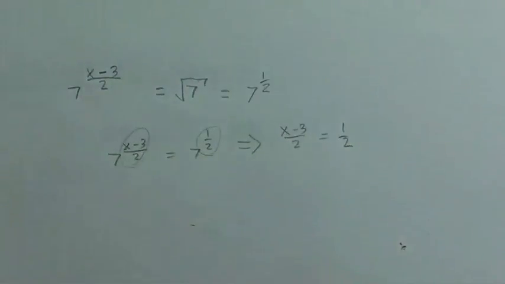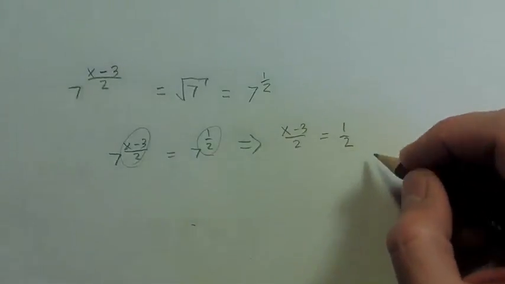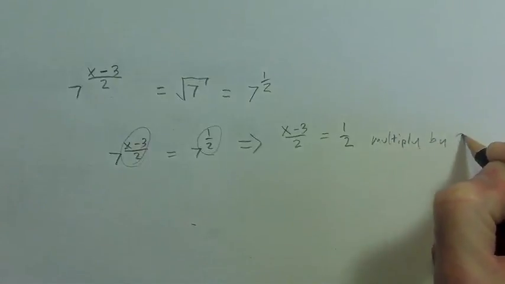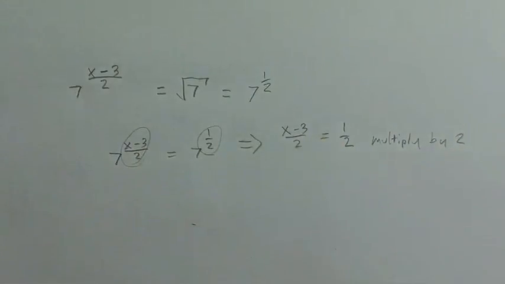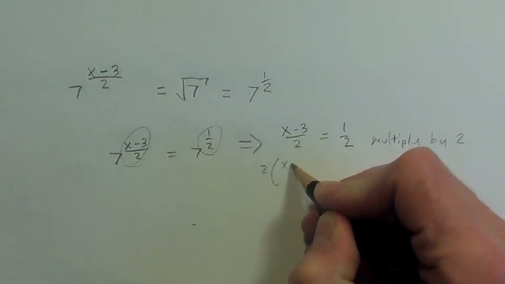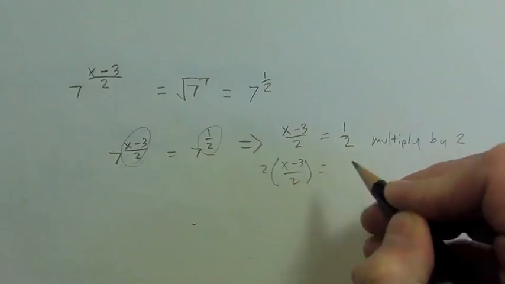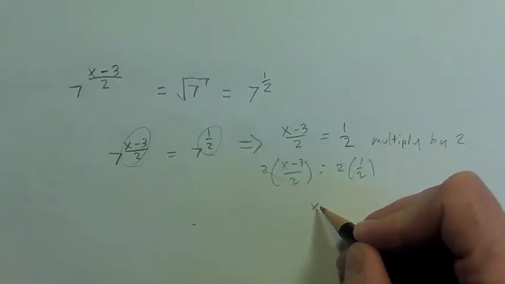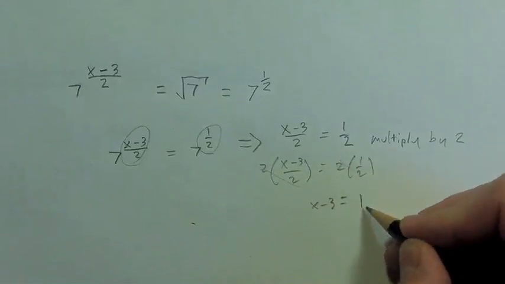And we can solve this like we've been doing before with our linear equations. I can multiply everything by 2, because that will get rid of our denominators. So I get x minus 3 is equal to 1.